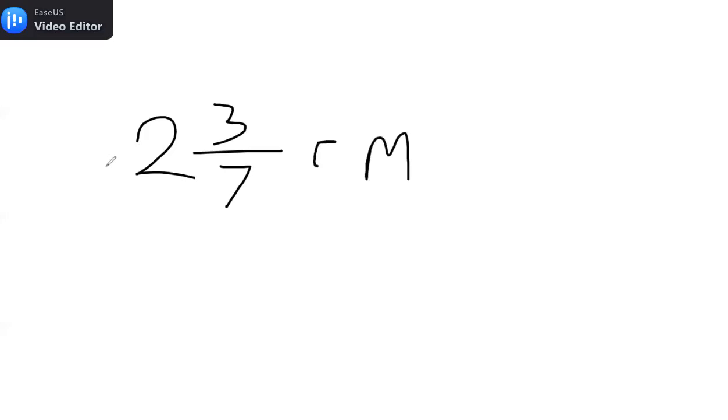Yusuf, what do we call this number? Yes, 2 and 3/7. But what do we call it? Can we call it a proper fraction? No. Can we call it an improper fraction? No. We call it a mixed number.